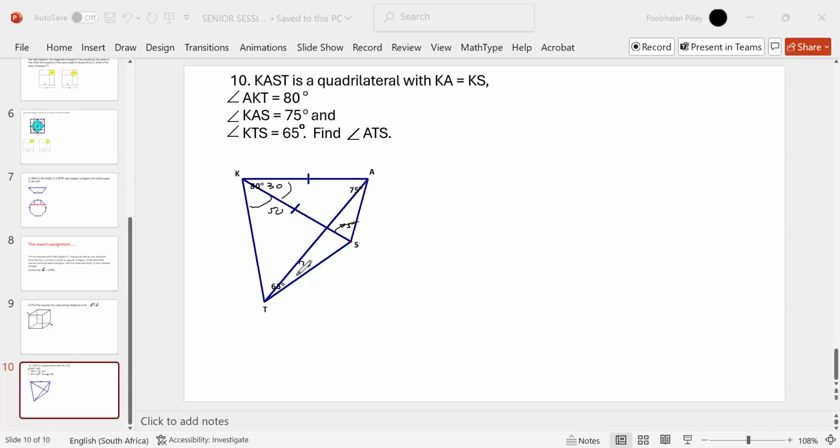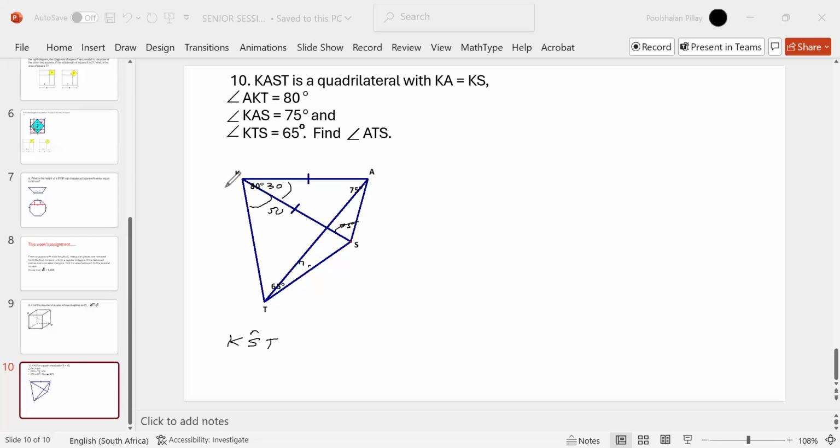Because this entire angle is 80. Right? Now, if this angle here is 50, if you look at this triangle here, KST, you've got two angles in the triangle. This is 50, and it's given that this is 65.